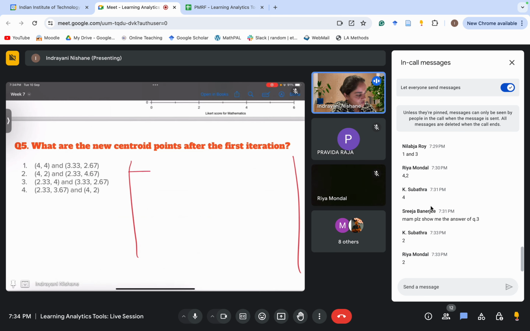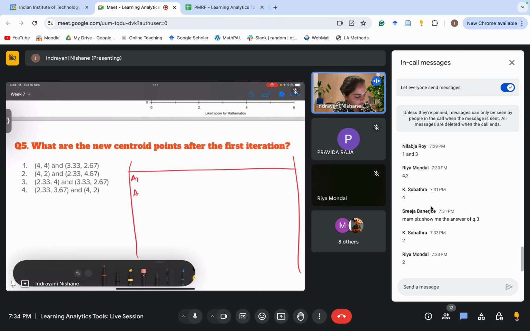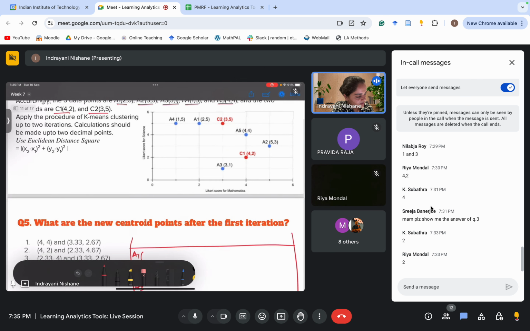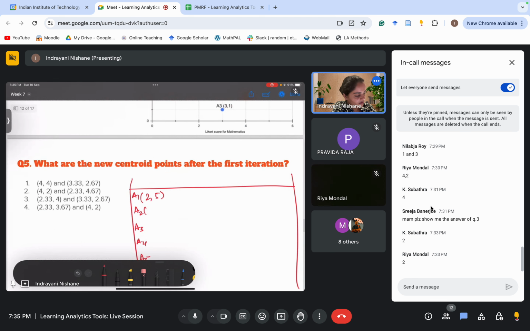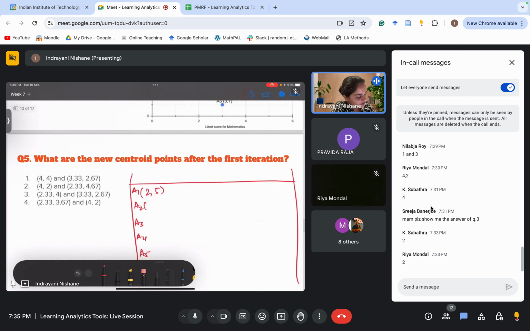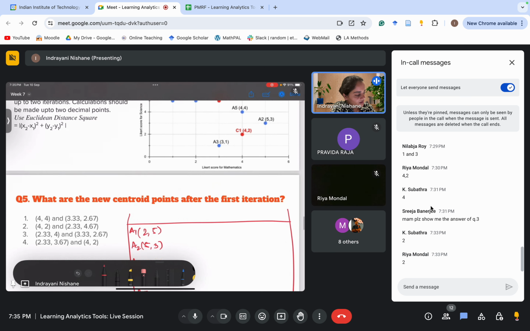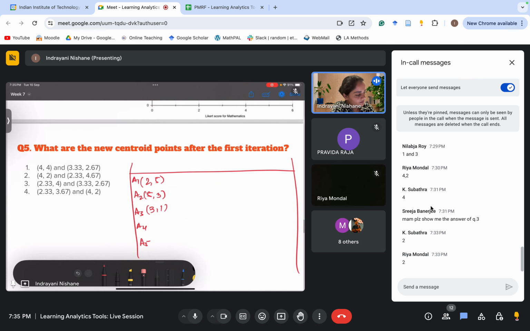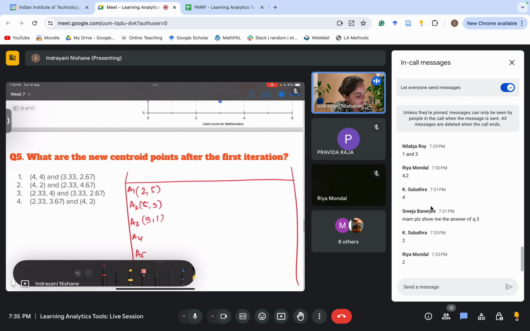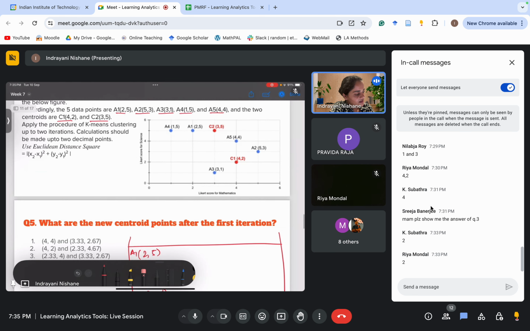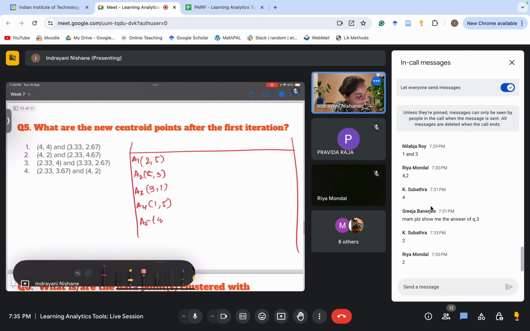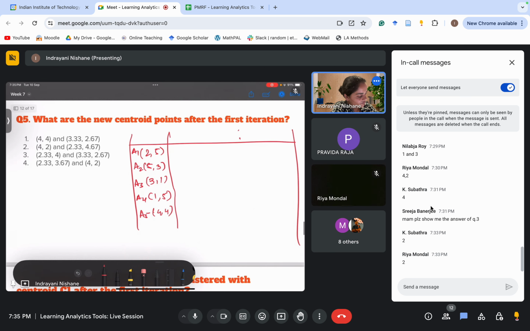So let's write all the data points here: A1, A2, A3, A4 and A5. The value of A1 is 2, 5. A2 is 5, 3. We'll do a tabular calculation so that we don't make any mistakes, because these are repetitive calculations and we may end up making some calculation mistakes.